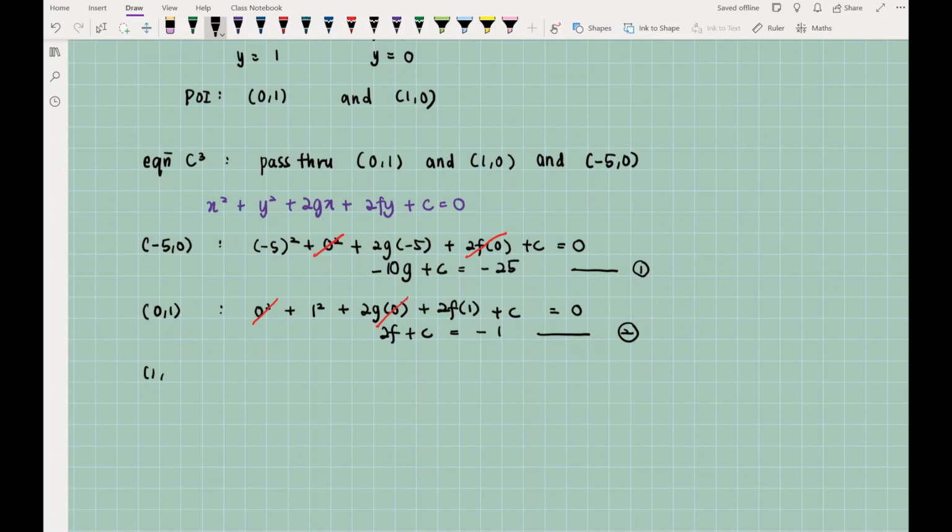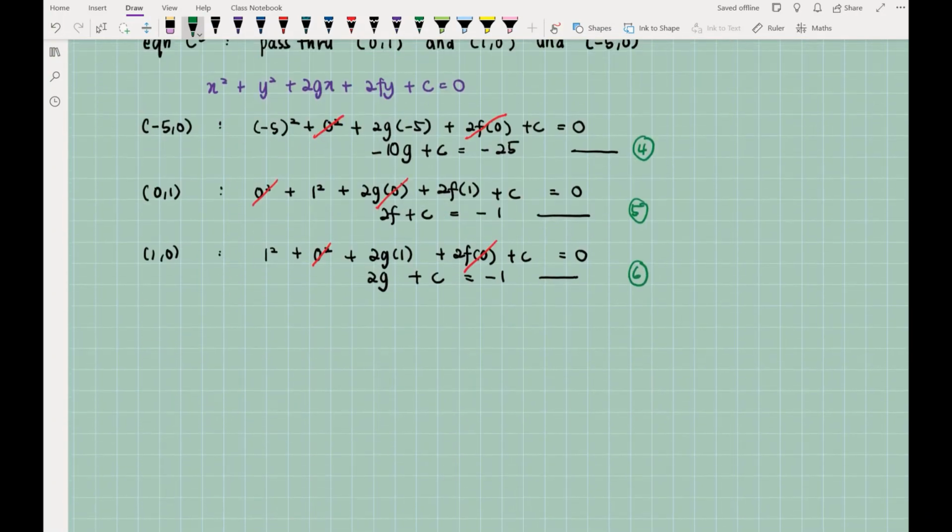And for the third point, I have 1, 0. Okay, you are going to have to substitute and then simplify yang mana disappear. You are going to get the equation 2g plus c is equal to negative 1. So from these three equation, untuk nak selamat, then I would suggest you, we are going to change. This is equation 4, 5 and 6. Takut you confused dengan 1, 2, 3 yang atas.